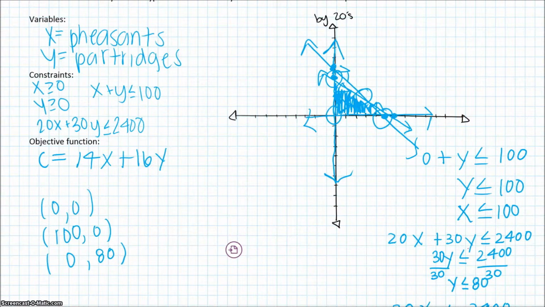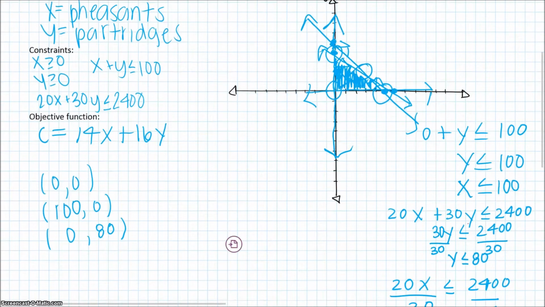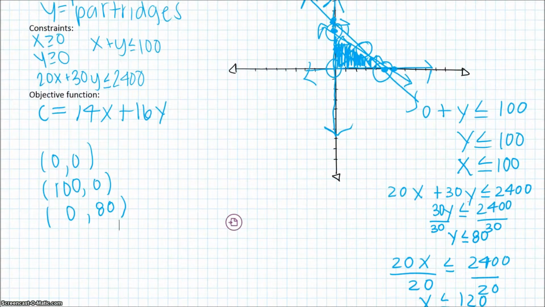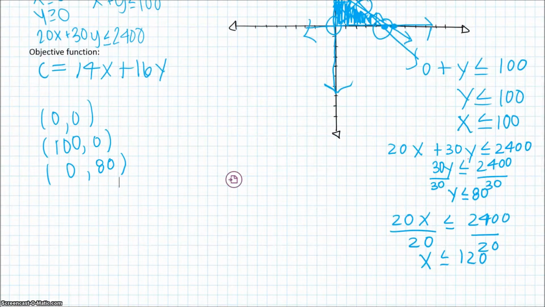So to find the last intersection point, we are going to solve through substitution. Since these two lines are x plus y equals 100 and 20x plus 30y equals 2,400, we are going to solve for y.